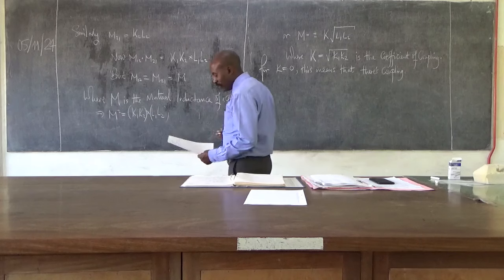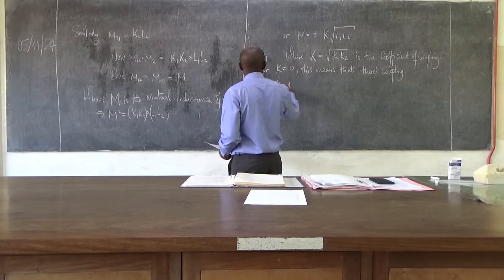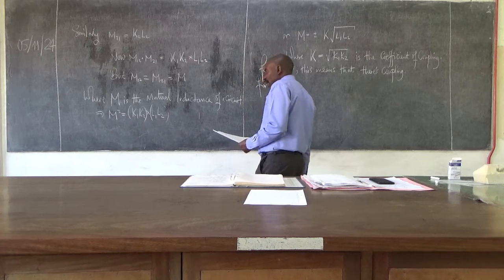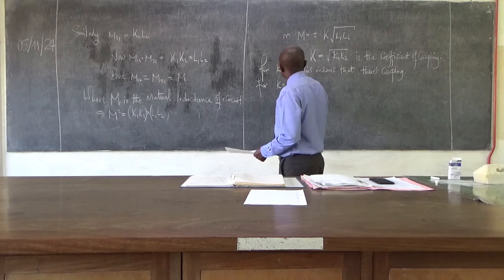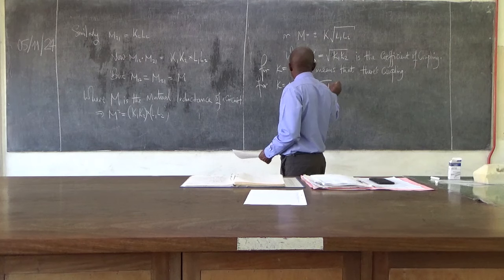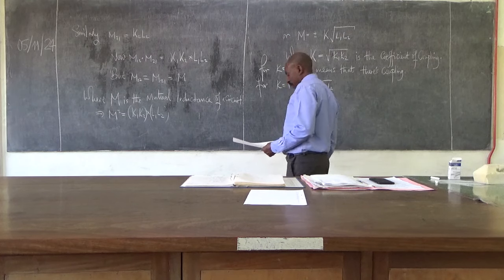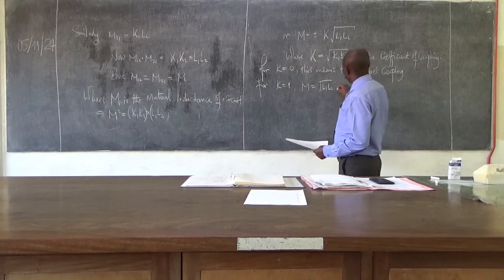Now, if there is some money, for K equal to 1, then M would be equal to the root of L1 L2, because the other one would be unity. And this means that there is maximum coupling.